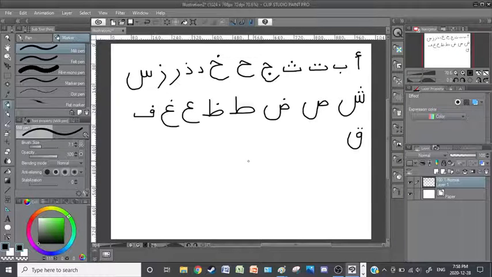Then the K letter of Arabic. So what you will start with is a long vertical line similar to the alif line. Then at the end where the line of the notebook is, that is when you will move to the left horizontally, a long line that you can have it the same length or slightly longer than the vertical line.